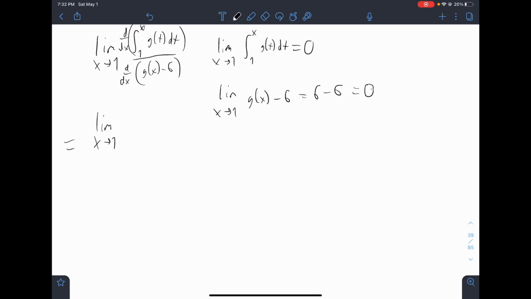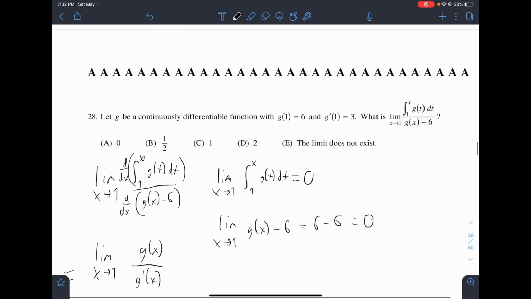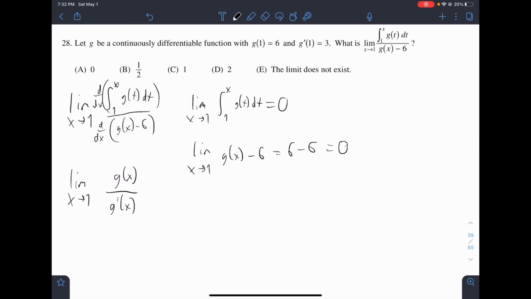The derivative of the top, by the fundamental theorem, will just be g of x. And the derivative of the bottom will be g prime of x. We can find both of these in the problem. So it equals g of 1, which is 6, over g prime of 1, which is 3. So 6 over 3 is 2. And D is our answer.